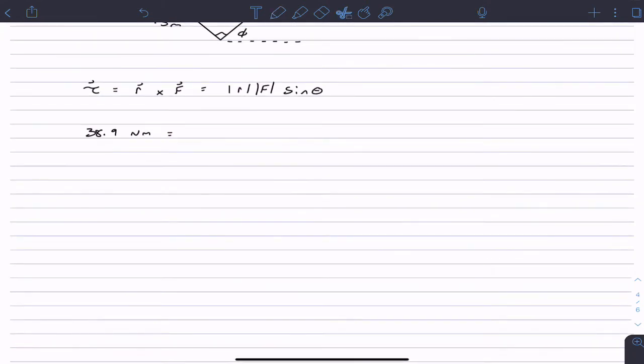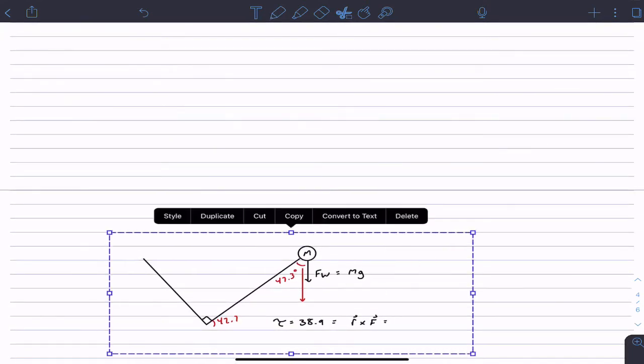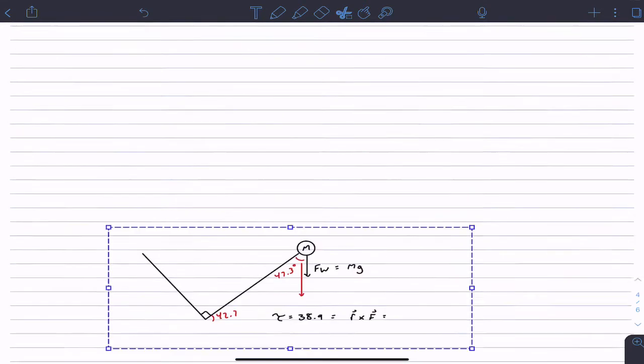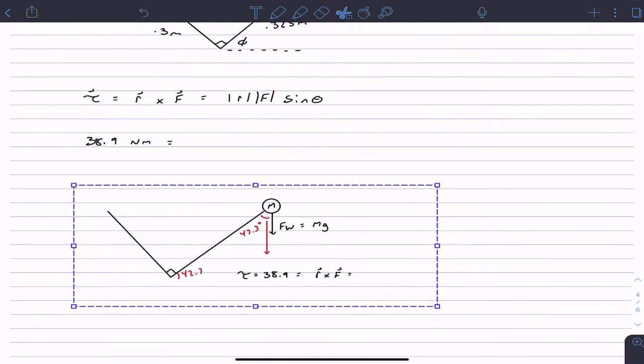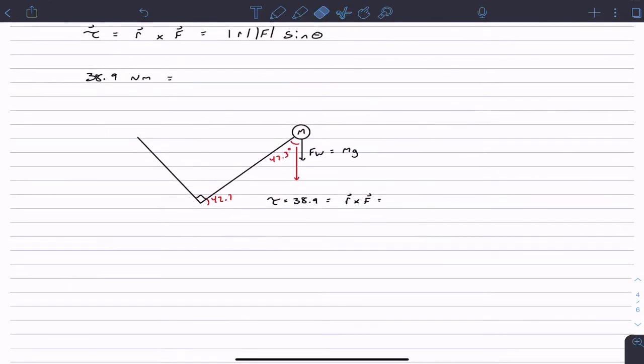Let me draw that. I actually drew it before, so let me duplicate that and pull that up. So what I'm saying is we want to consider this position vector and this force.